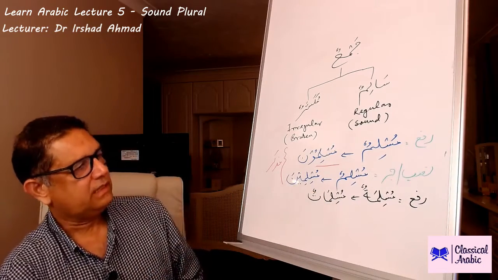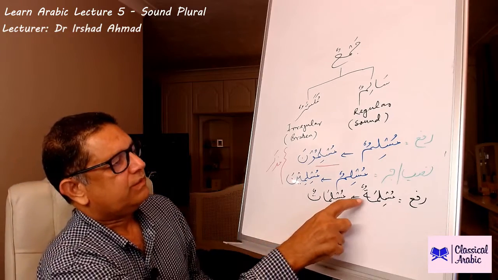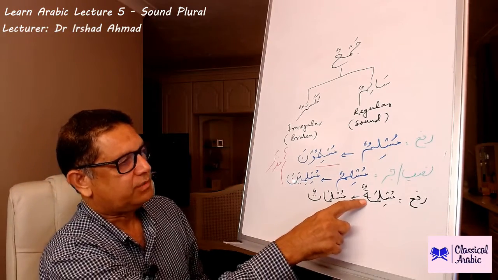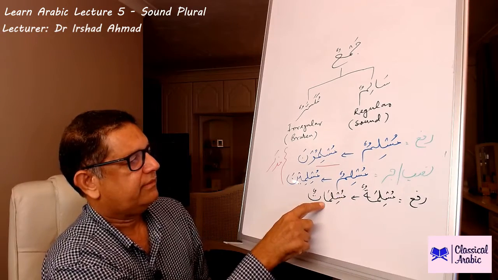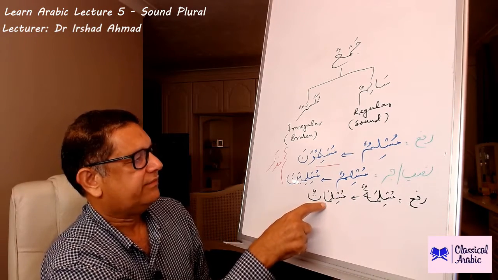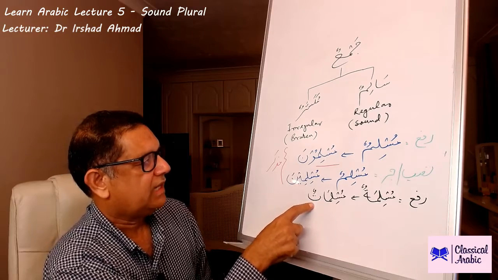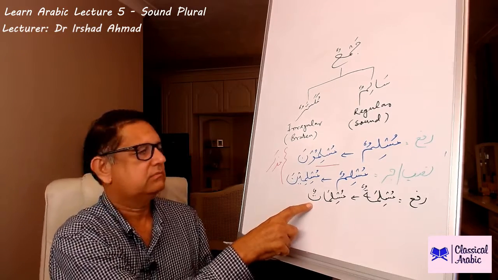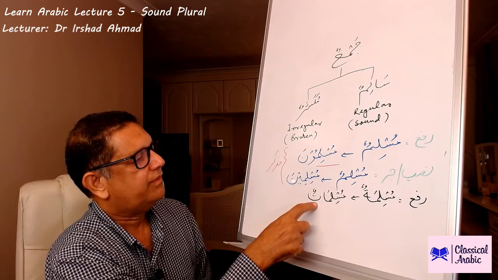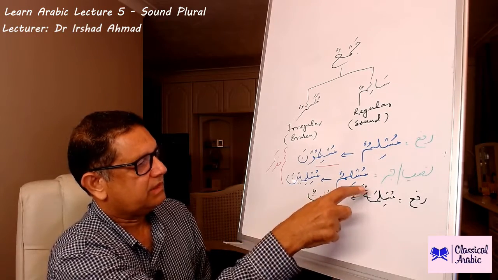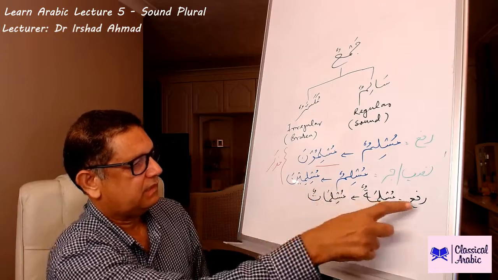So what's happening here is that we are removing ta marbuta and adding alif. After adding alif, we are actually adding ta maftuha. So this and ta maftuha will take the same tanween zamma in rafa.